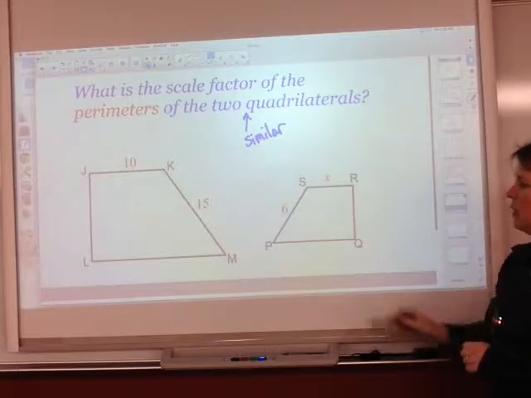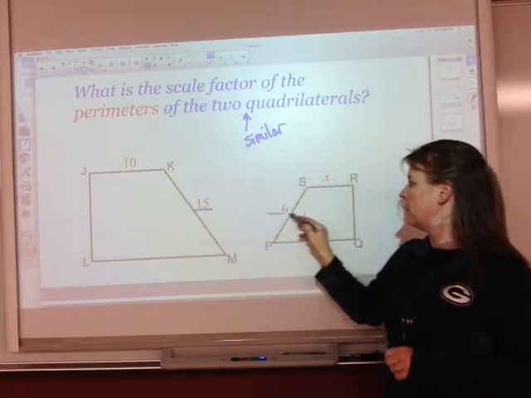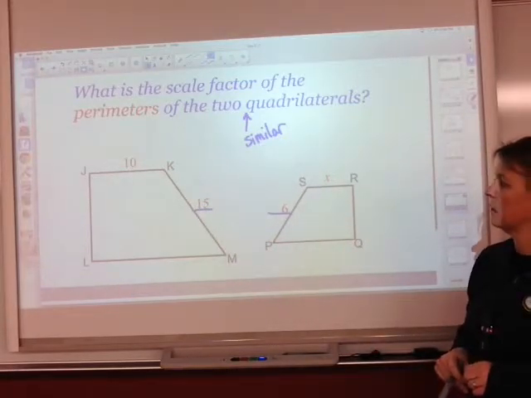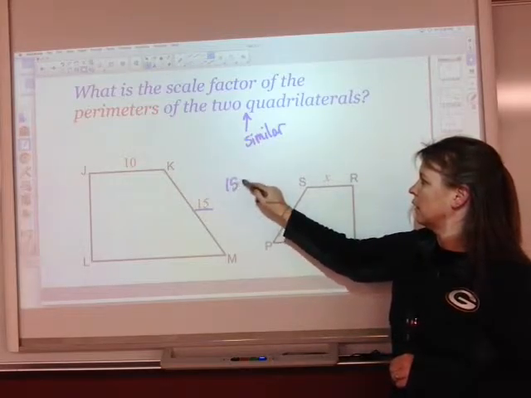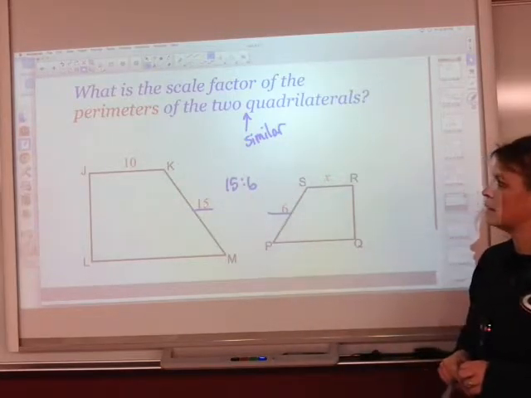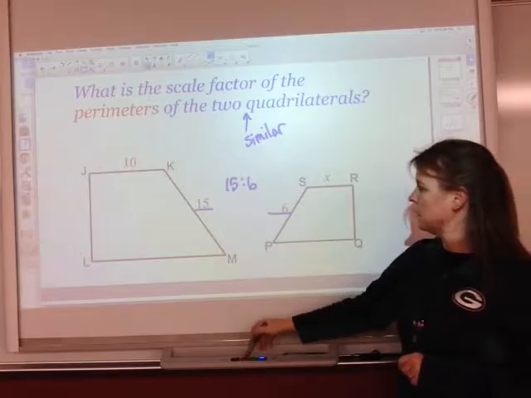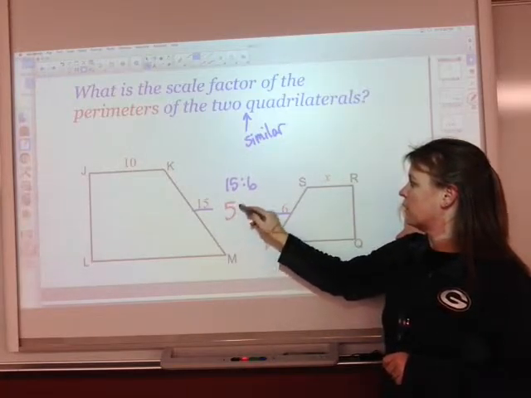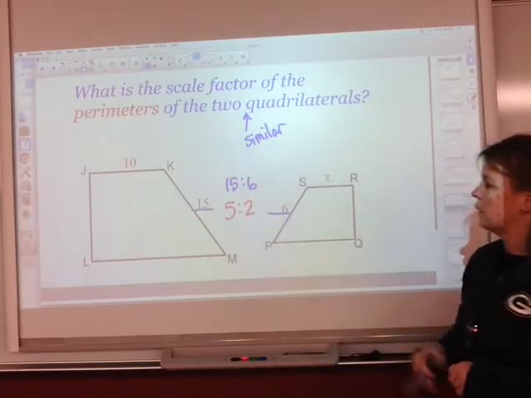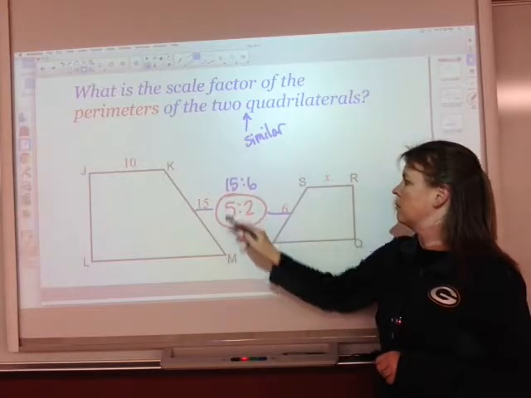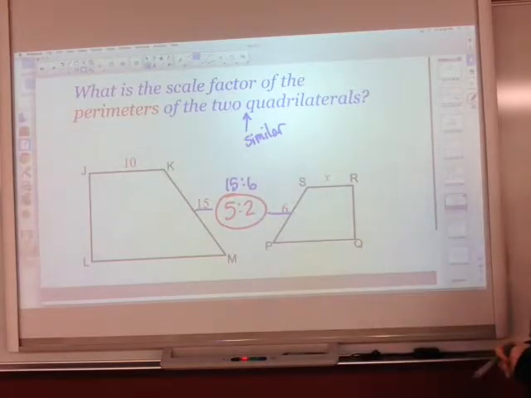These are similar. The only two sides that we know that give us enough information are 15 and 6. What's the scale factor? 15 to 6. Divide them both by 3, and you get a final answer of 5 to 2. That's 5 times, and that's 2 times.